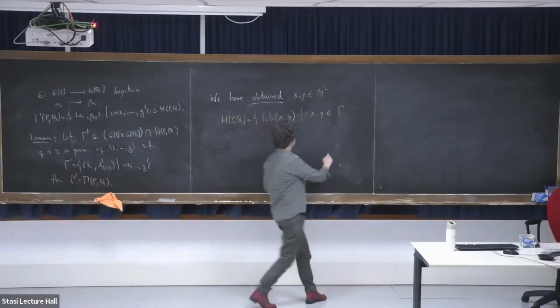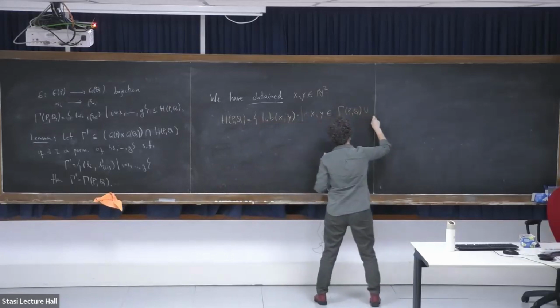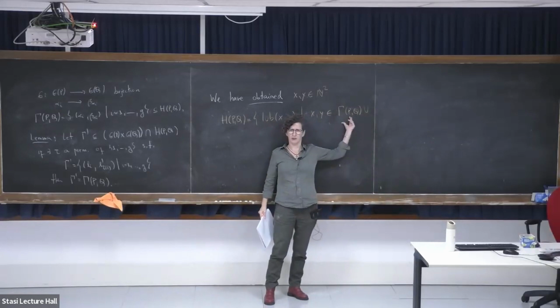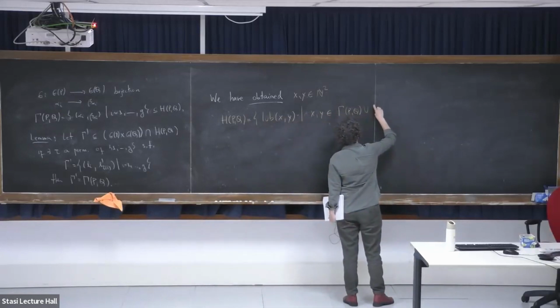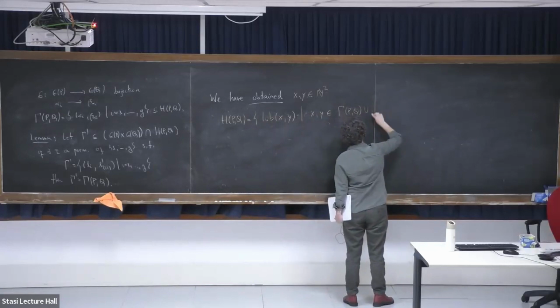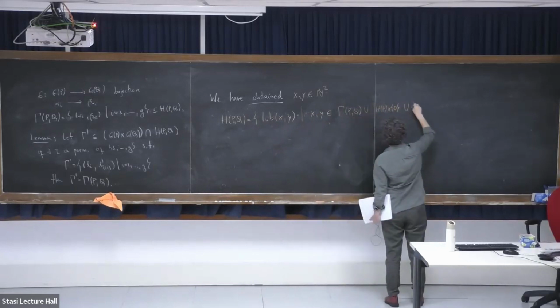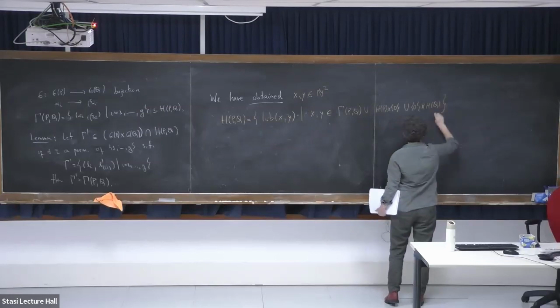So the union of the guys living here. But we also have these guys, huh? Because remember, the elements living here never have coordinates equal to 0. So we are missing some guys: 0 union, 0, H_Q. Okay?